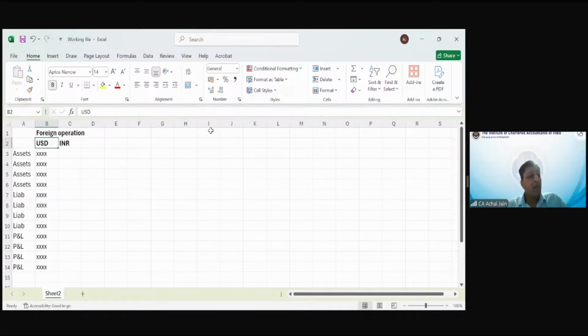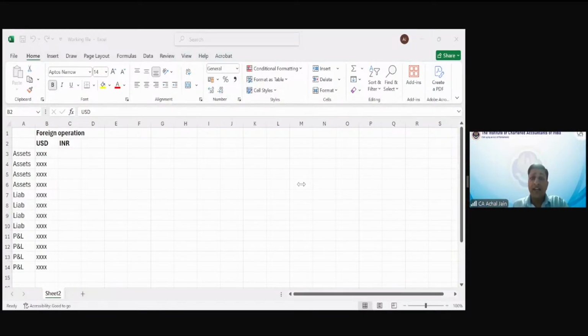Please remember we are looking at the trial balance, so the trial balance has to match. Trial balance has to tally. If you look at any trial balance, that must tally. What is the rule of a trial balance? It must tally.